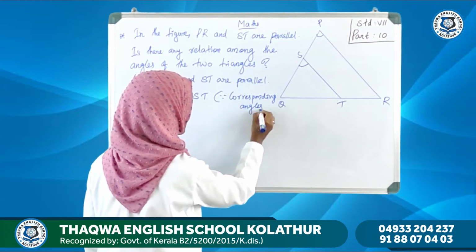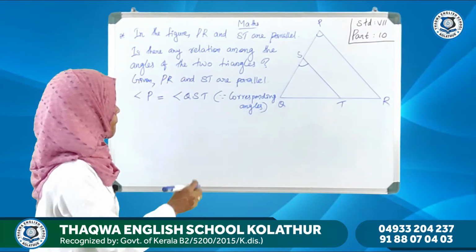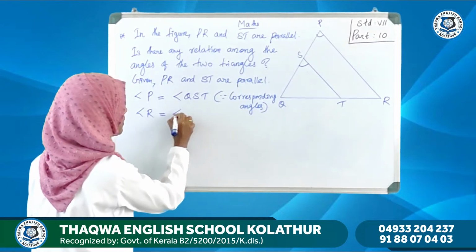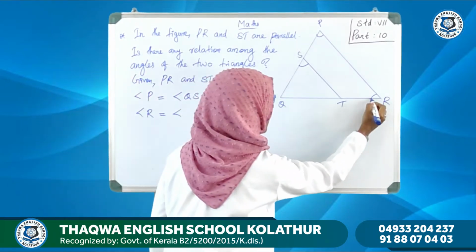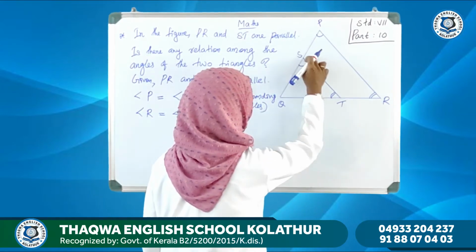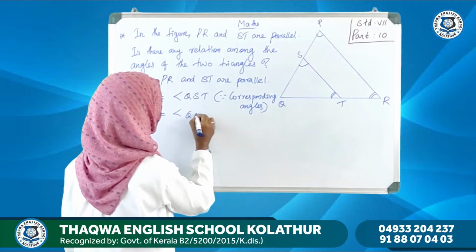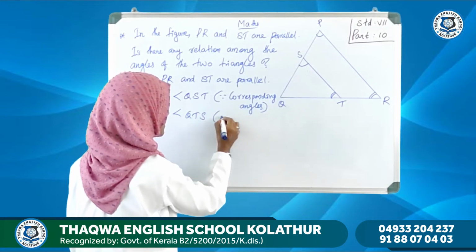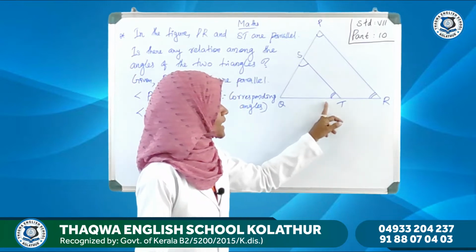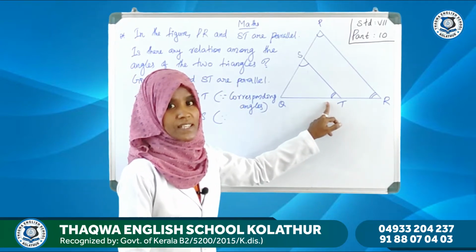Corresponding angles. Okay. Next one, angle R equals angle QTS. Reason? Angle R equals angle QTS. What is the reason?